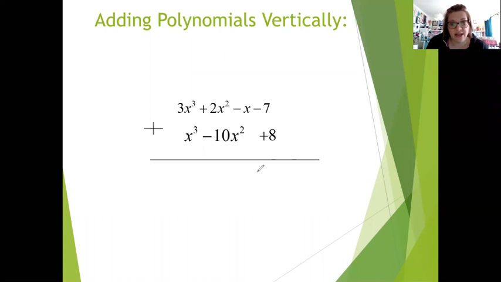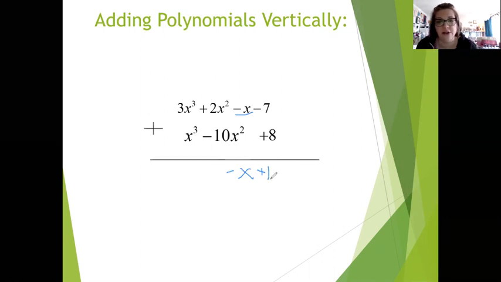Let me see. That's going to leave me with a +1. I confused myself there for a second. I need to find the difference between them, and because they have different signs, the bigger number gives the answer the sign. Like I said, this guy, he doesn't have any friends, so he's just going to come straight down.